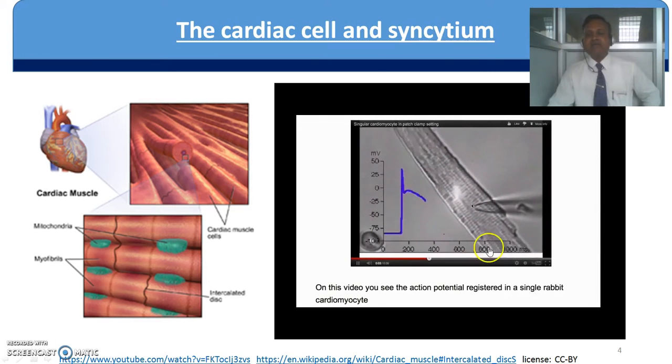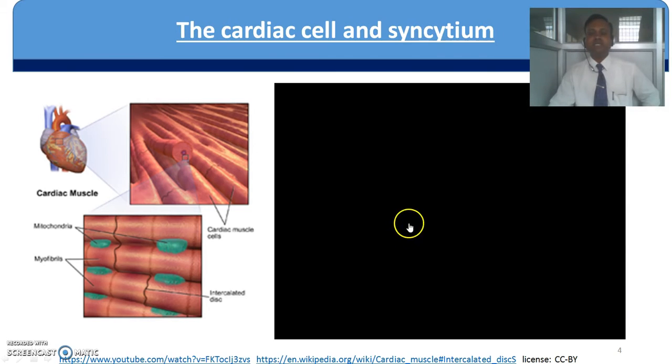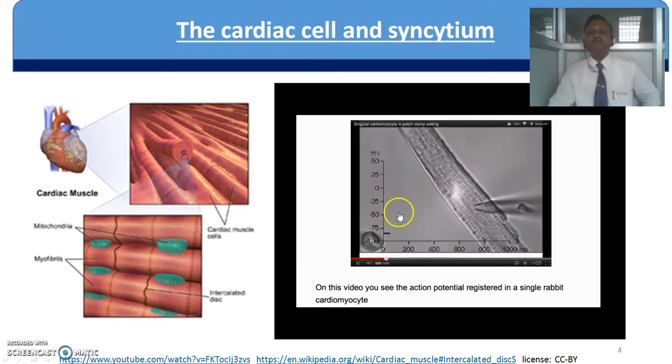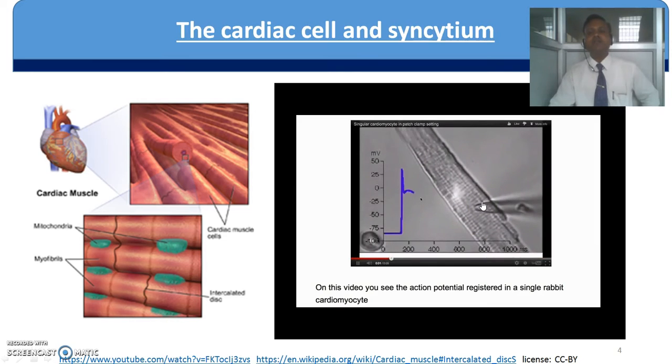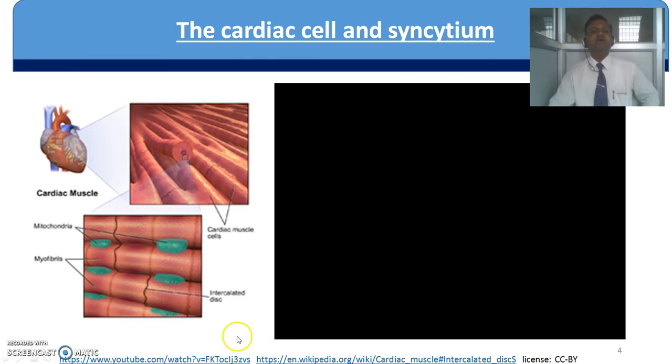This single cardiac muscle cell is automatically beating, and there is change in electrical potential when it is beating. So this curve shows how electrical potential changes from around minus 90 to plus 20. This is how even a single cardiomyocyte acts, and the same is the behavior of the whole heart. This explains how nicely the heart muscle cells show the properties of automaticity, rhythmicity, and refractory period also.